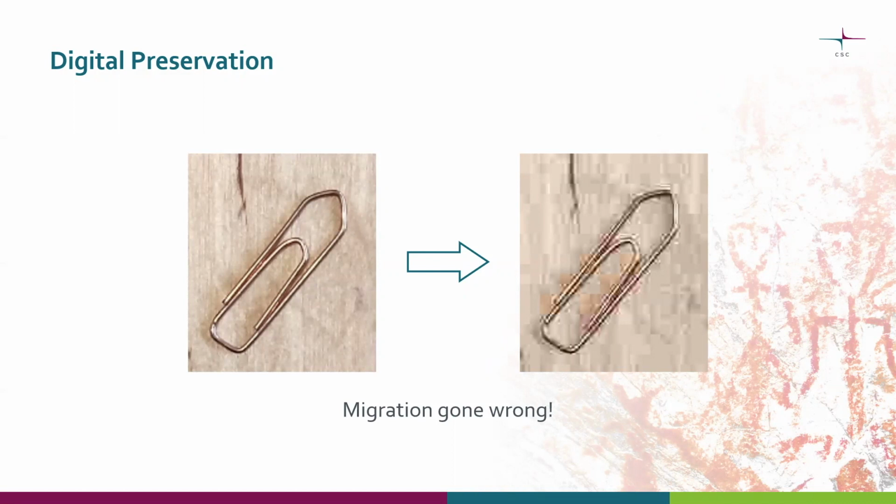Take, for instance, a picture file. It contains a lot of technical metadata. We need to know how the colors are coded and pixels should be rendered in order to know how it should be displayed in a correct way, even if all software has changed.